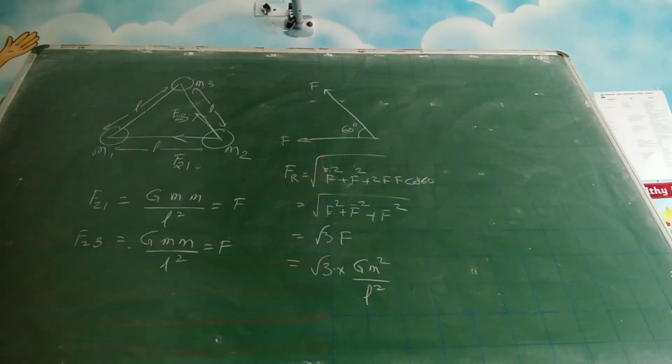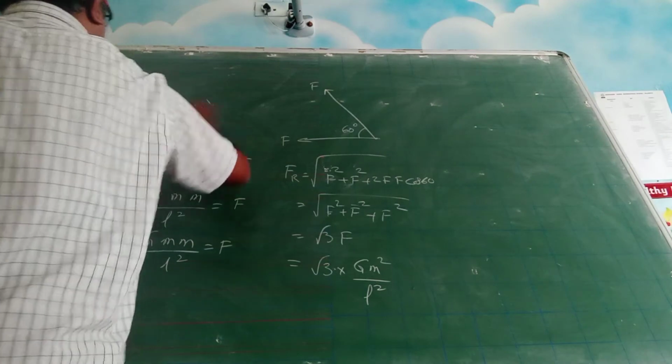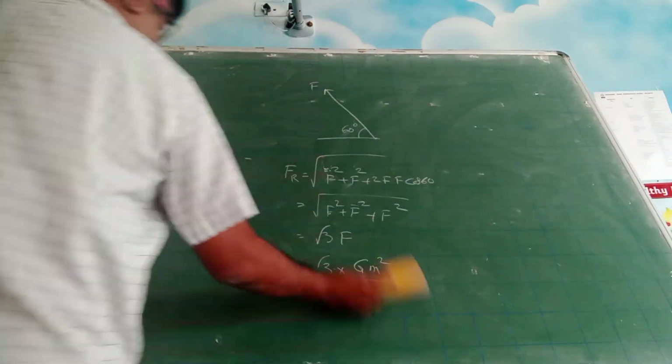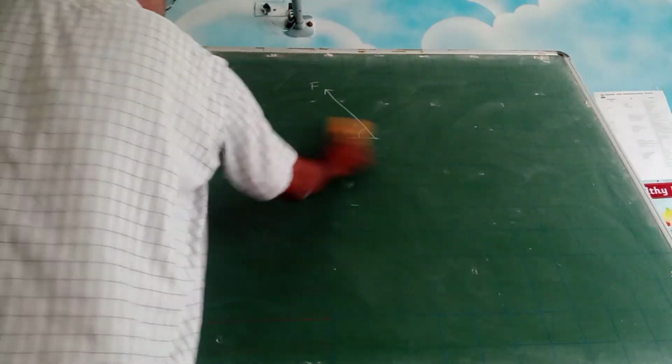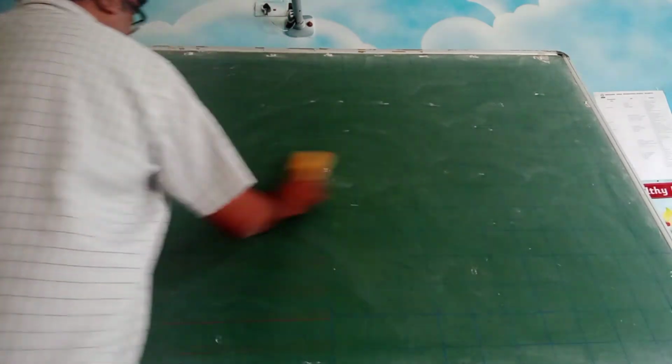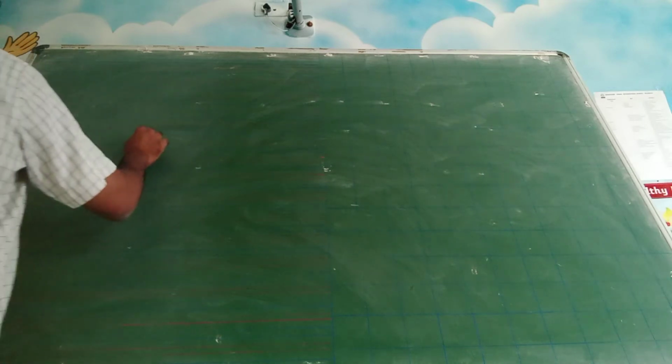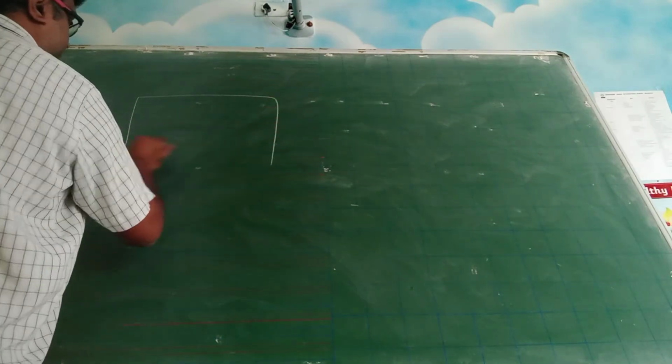Some simple illustrations I am showing you on how to actually calculate this. Suppose I put some masses on a square.